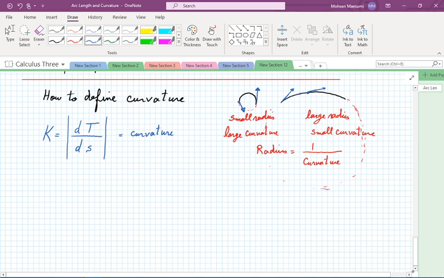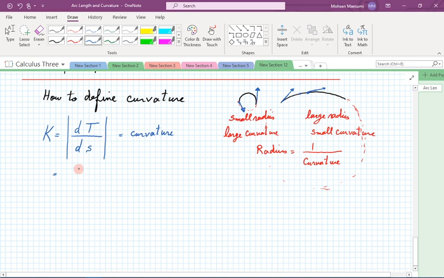So what we are going to do is to introduce you to some alternative formulas that are perhaps a little bit friendlier to calculate. So here are alternative ways of doing this. One is to take the numerator and denominator and differentiate them with respect to t.